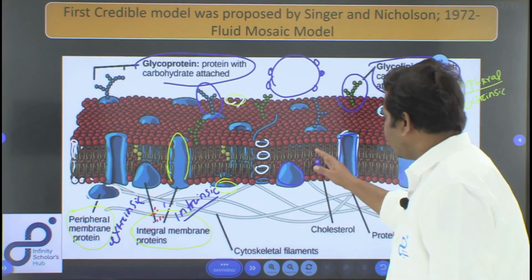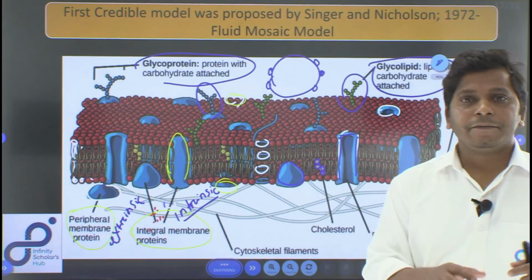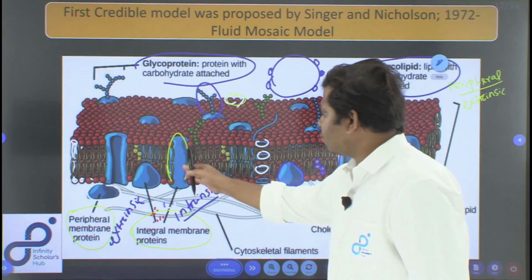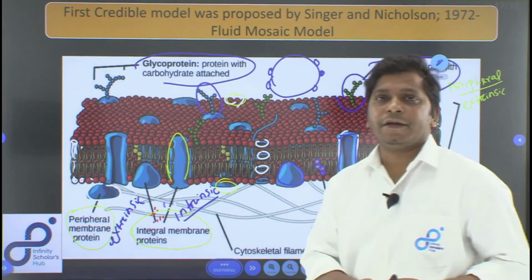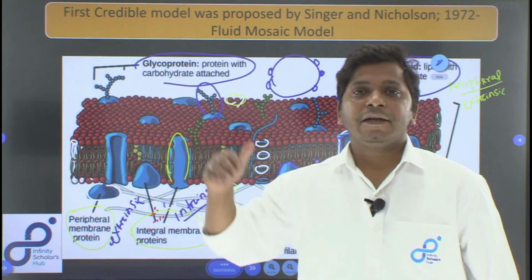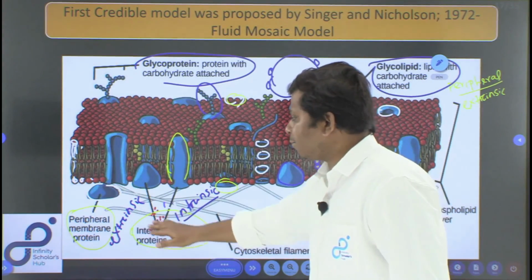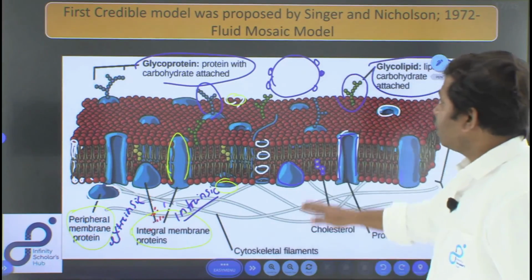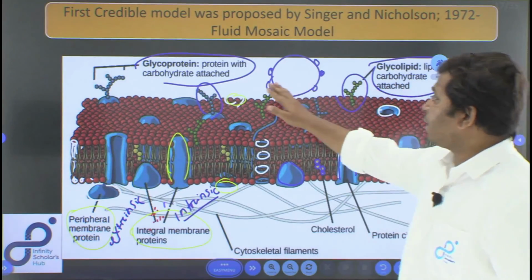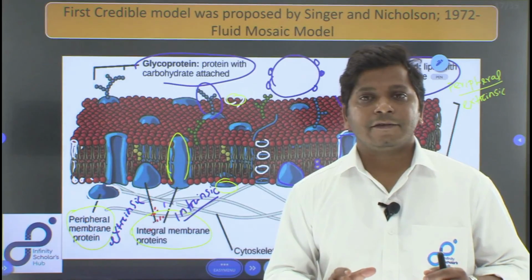Phospholipids along with cholesterol manage the fluidity of the membrane. The proteins present in the membrane help to move substances in and out of the cell. Proteins are of two types: integral proteins and peripheral proteins. There are also glycolipids and glycoproteins, which mostly act as receptors on the cell surface.